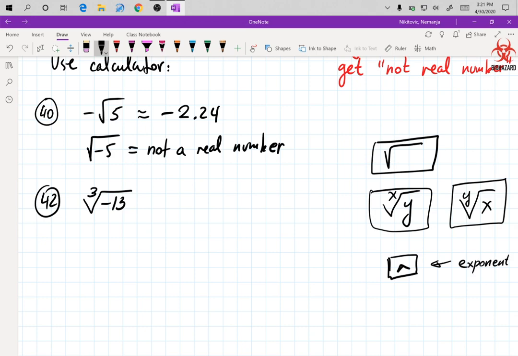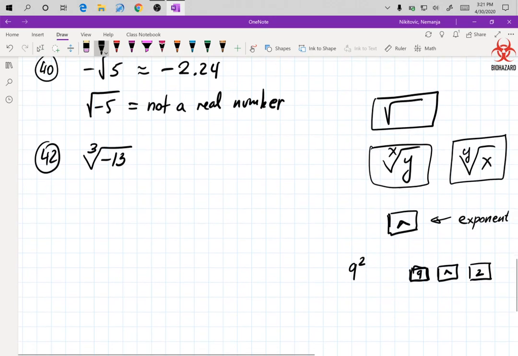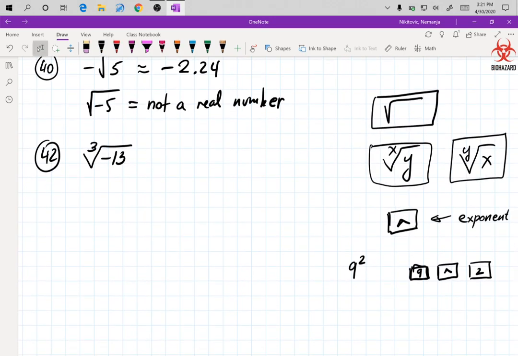So if you want to type in, let's say, 9 squared, you push the button with a 9, then the button with this little hat, also known as a caret, and then the button with a 2. When you push enter, it will give you 81.